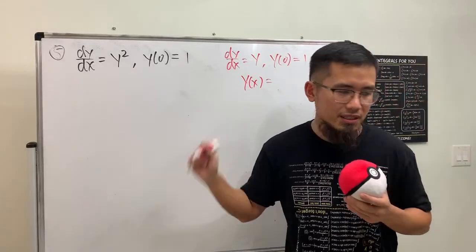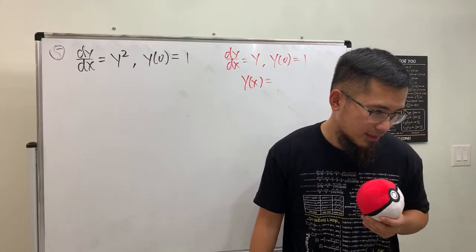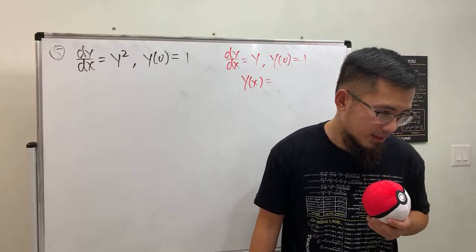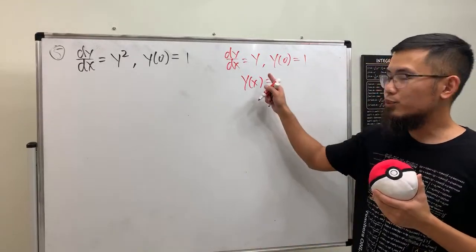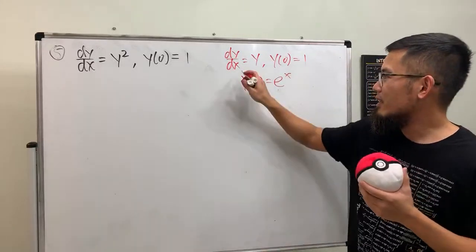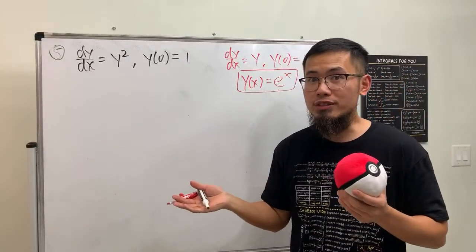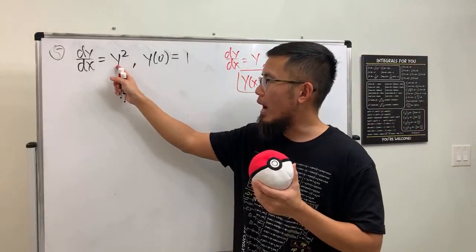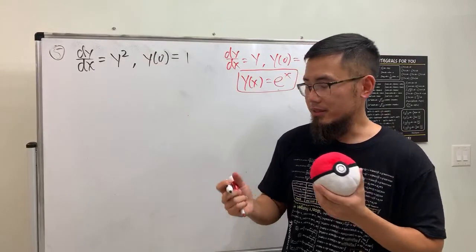It should be quick and easy. This right here is just e to the x. Perhaps this right here is the first differential equation that you guys have ever solved, right? But anyway, when you have y to the second power instead, it's also just as nice.